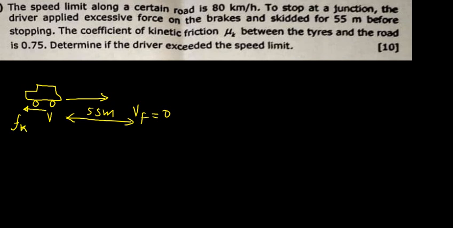So the net force on this mass in the x direction is given by the forward force. There's no forward force, but there is a backward force. The forward force is 0 because the brakes are on, minus the backward force, that is kinetic friction, and the net force is given by mass times acceleration, and that will be equal to negative.